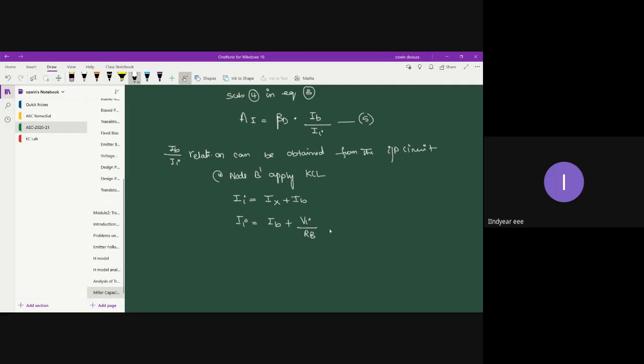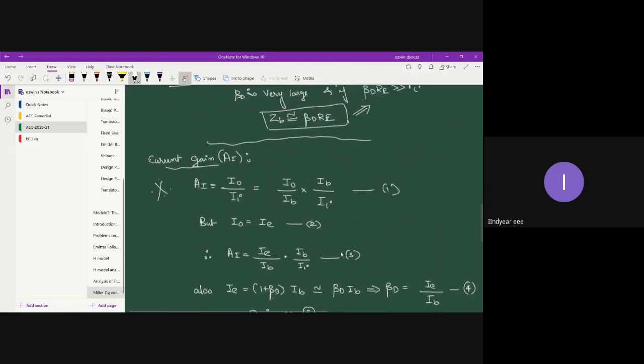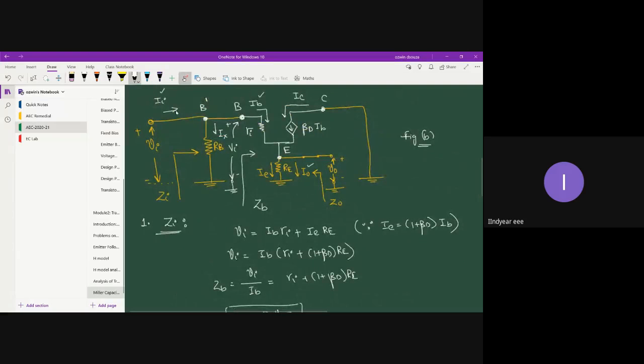Also from the circuit, you can write II is equal to the total voltage, that is VI plus IB into RB, divided by the resistance RB.